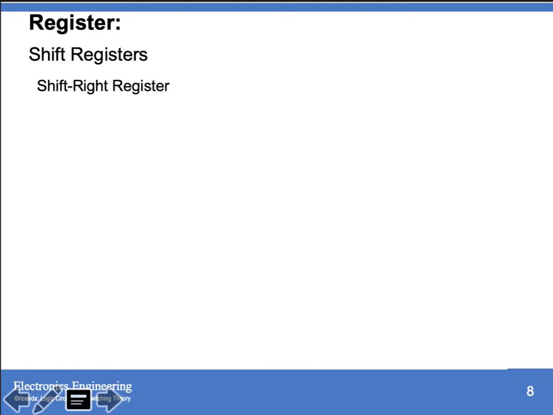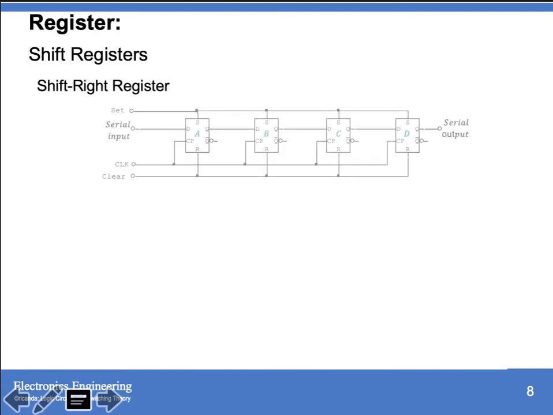For the shift right register, we have this circuit. We have the input at the left side and the output at the right side. We designate the latches as A, B, C, and D, and this is a 4-bit shift right register.